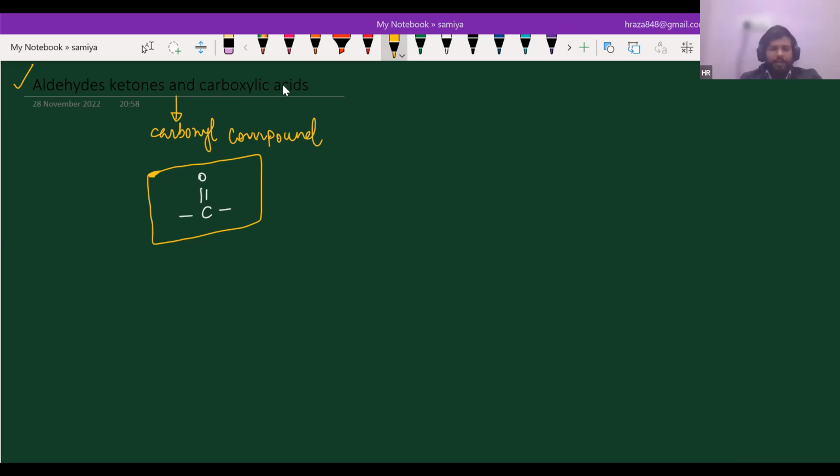So any functional group in which C double bond O is present, that compound is known as carbonyl compound.